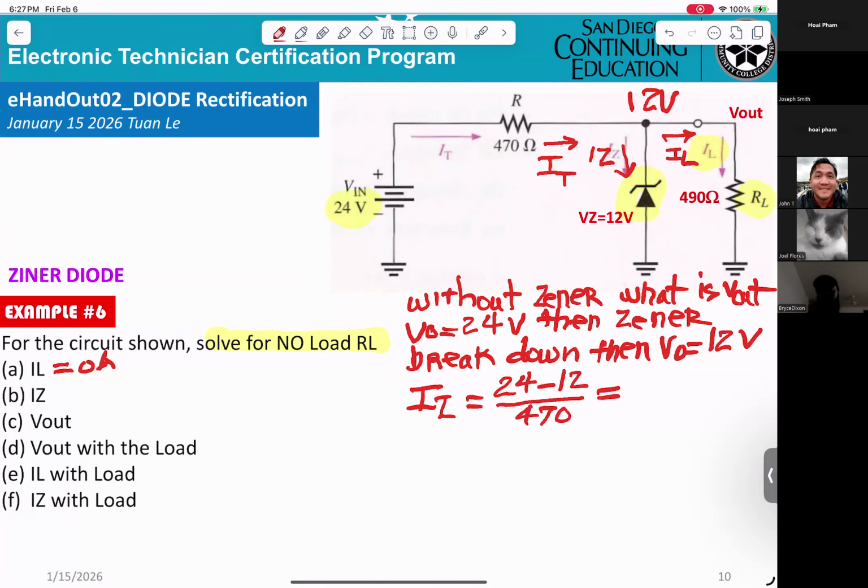Okay, 12 divided by 470. Is that 0.0255? 0.025 ampere.